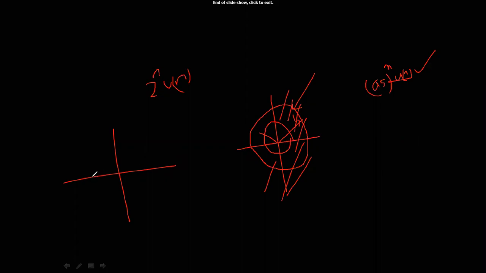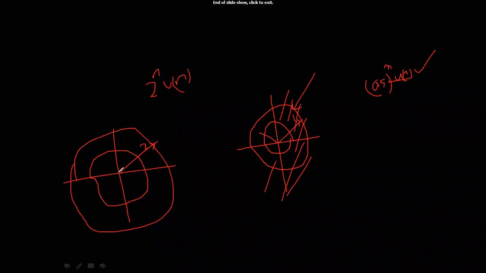So if I have my unit circle here at radius 1, and this one at radius 2, the ROC in this particular case will be outside 2, right? So here you can see the ROC does not contain the unit circle.